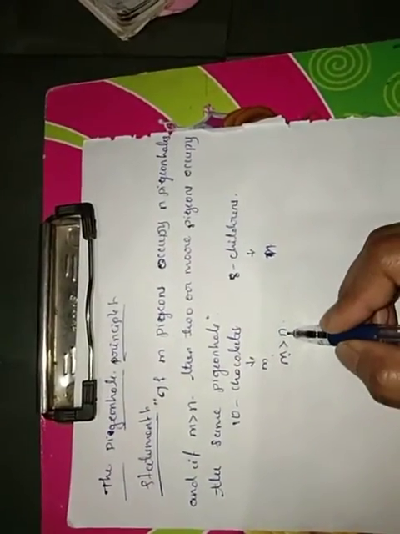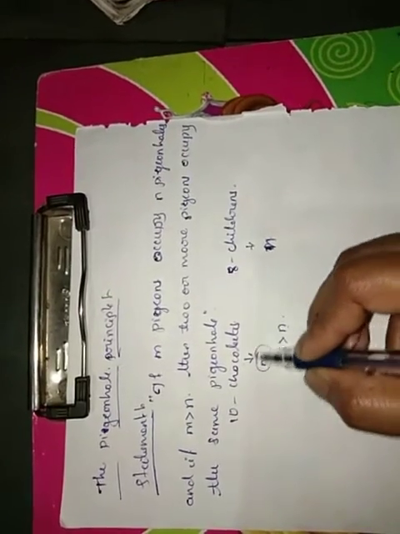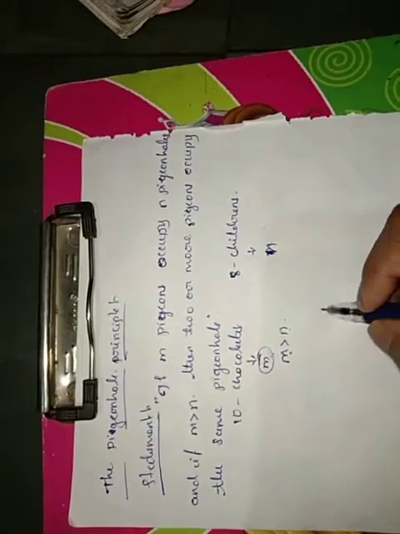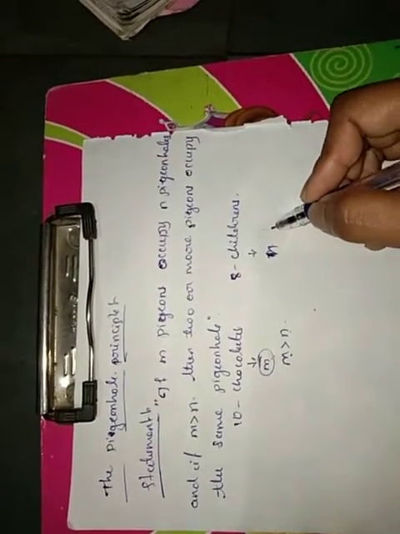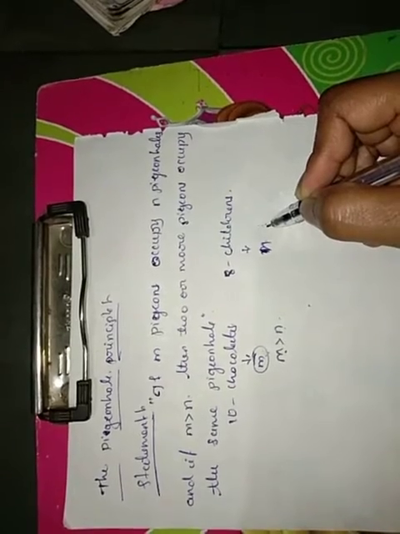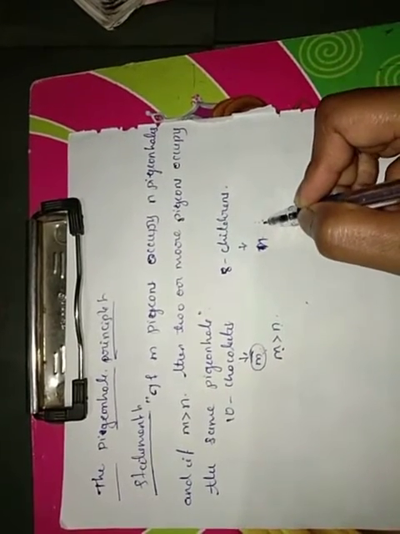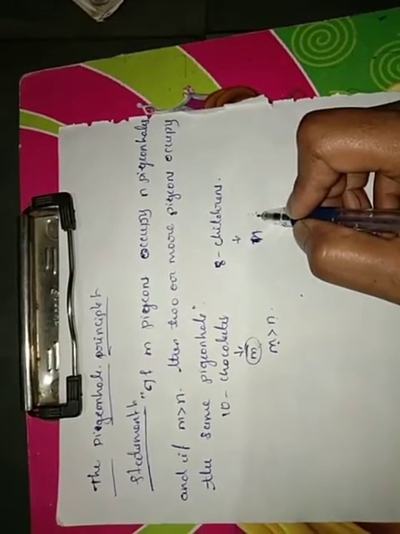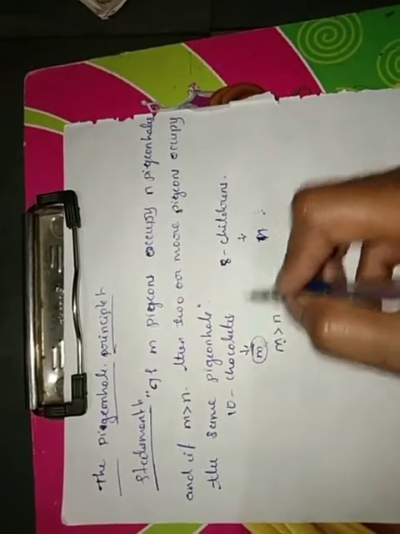If m is greater than n, it means you have more chocolates than children, so two or more children get more than one chocolate.